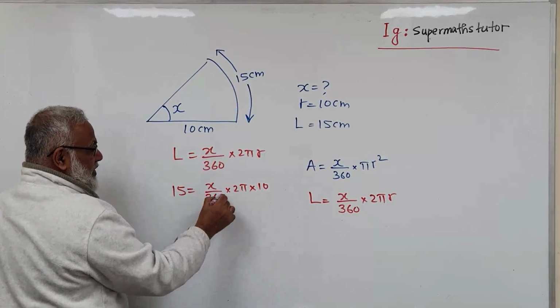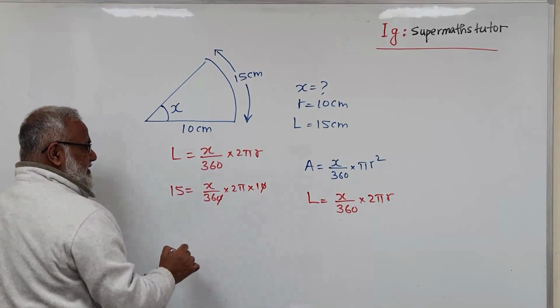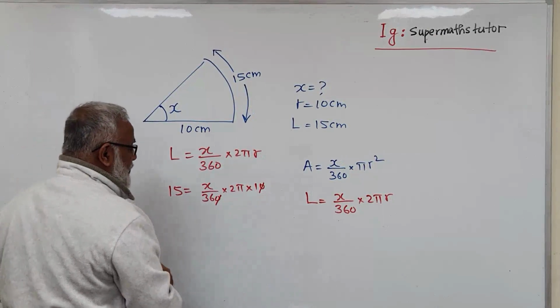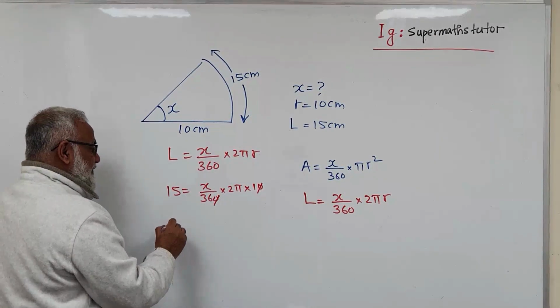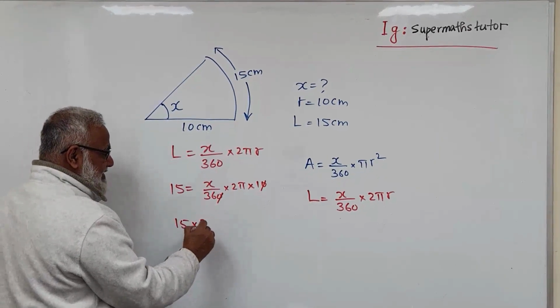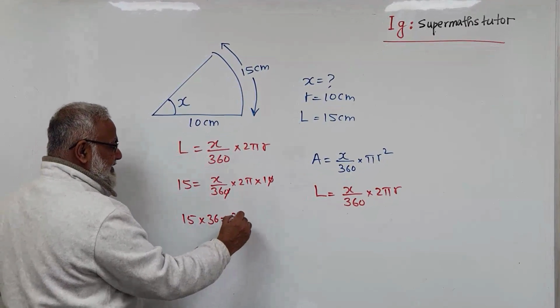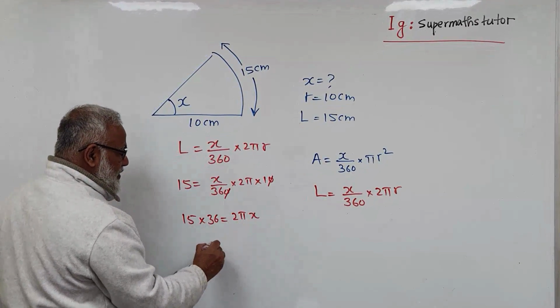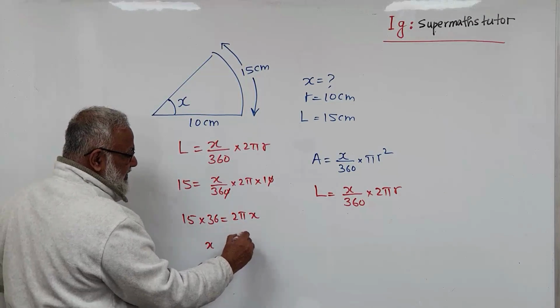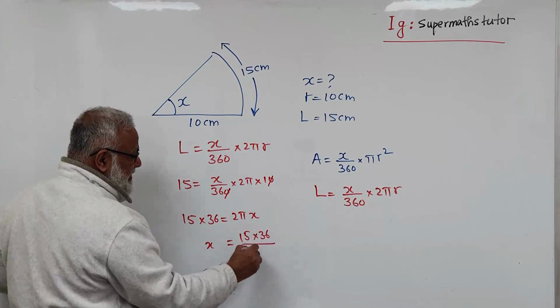So what will I do? I knock out the 0. Alright? And then what else can I do? I can do 15 times 36 is equal to 2 pi x. What else can I do? So x is equal to 15 times 36 divided by 2 pi.